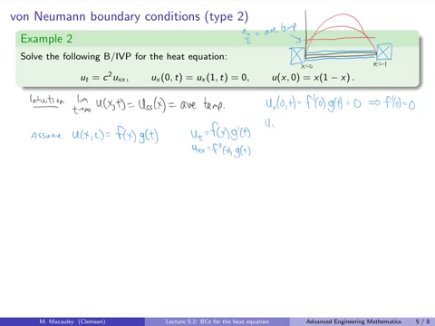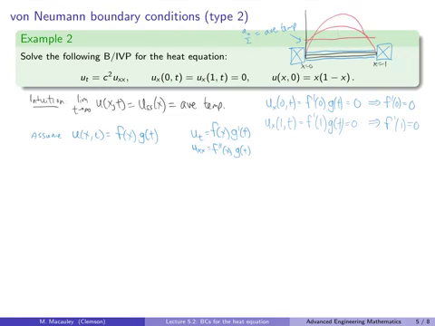Similarly, u x at 1,t is f prime of 1 g of t. So this is also a number times a function equaling 0, and that can only happen if the number f prime of 1 equals 0.